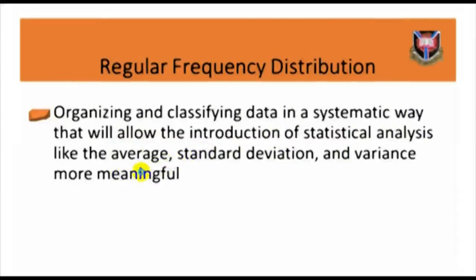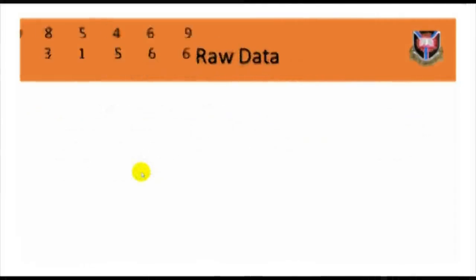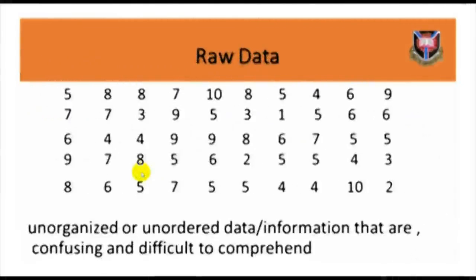Suppose that a training manager wants to evaluate how well his trainees have performed at the completion of a training exercise in accounting. He gave his trainees a test and their scores fall between 0 and 10. As you can observe, the data in Table 6.1 are unorganized and unordered and are therefore confusing and difficult to comprehend.